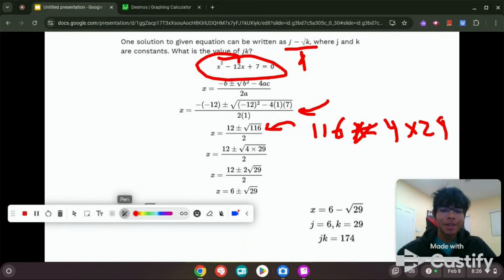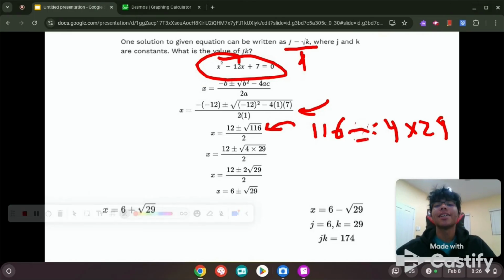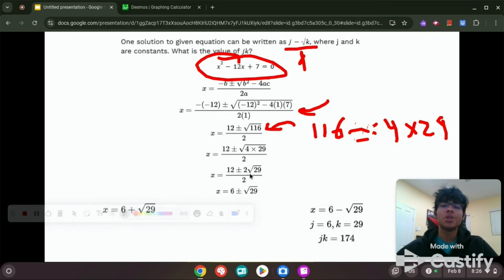So you can factor out the 4 and take the square root of that, which is just 2. So you get x is equal to 12 plus minus 2 times the square root of 29 divided by 2. Then you can just divide a factor of 2 out from the numerator and denominator.